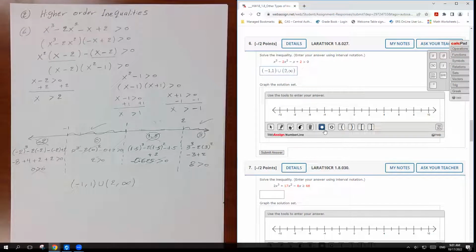So it's going to be parentheses from -1 to 1. Here is -1, and here is 1. We're going to draw a line here, and from 2 to infinity. So another parentheses from 2 to infinity. That's it for this example.